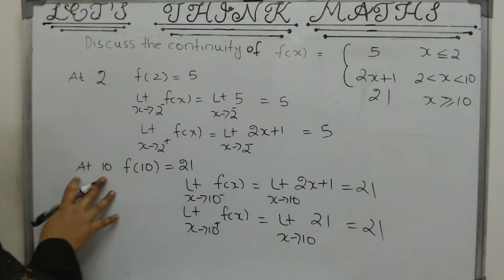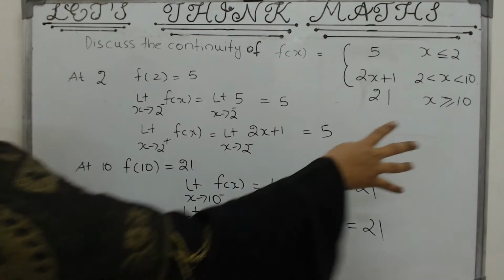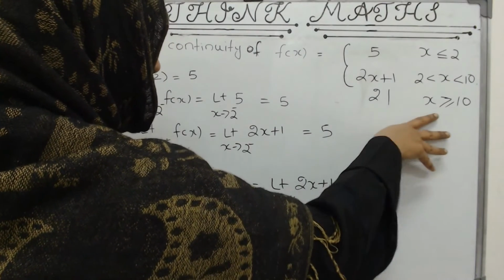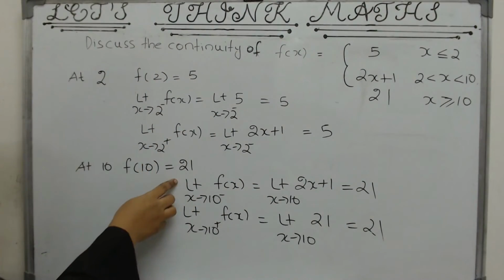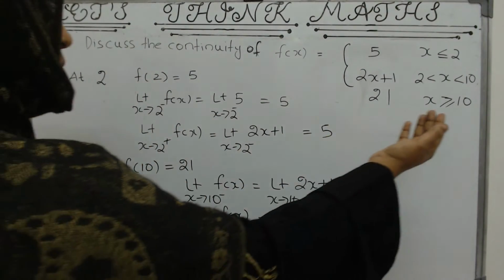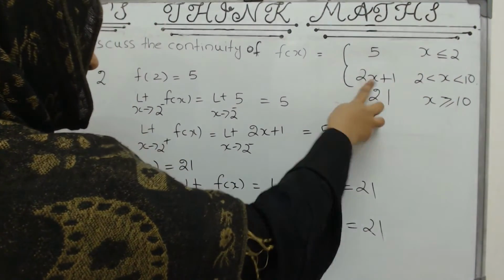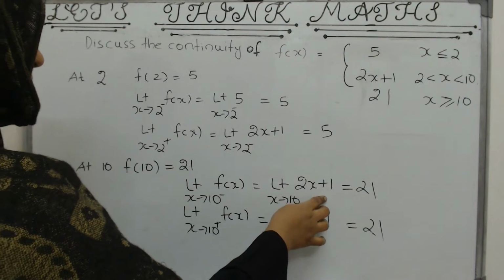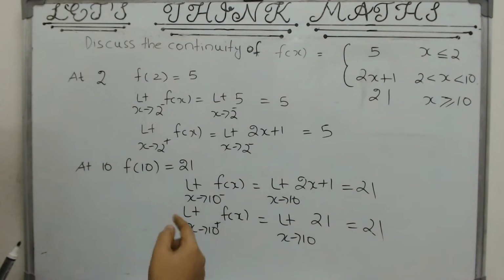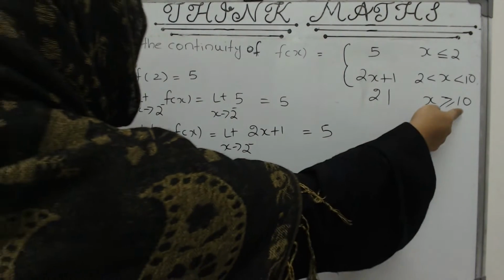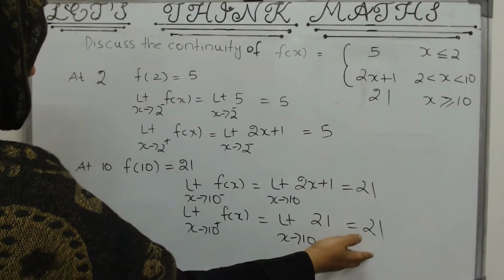Now check for 10. At 10, what happens? Here is where you have the equal to sign. At 10, it is 21. And when you come from values less than 10, put 10 here. 2x plus 1, that becomes 21. And then for values greater than 10, it is again 21.